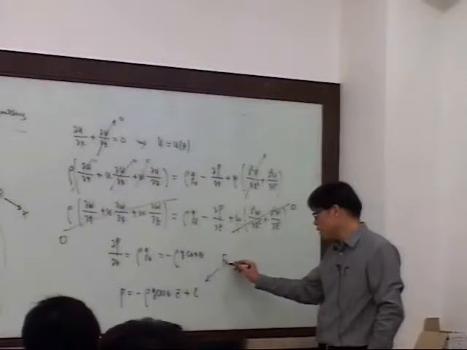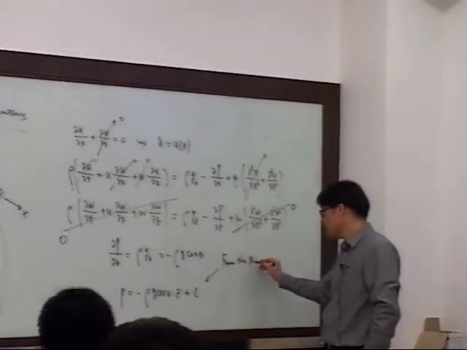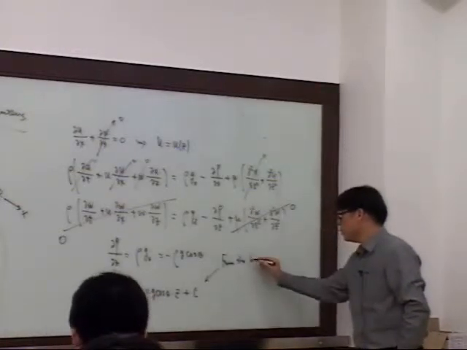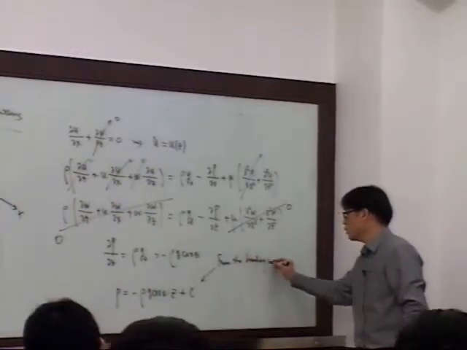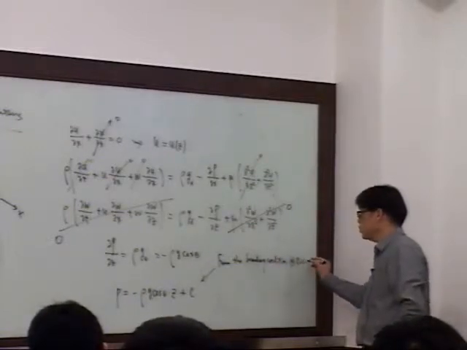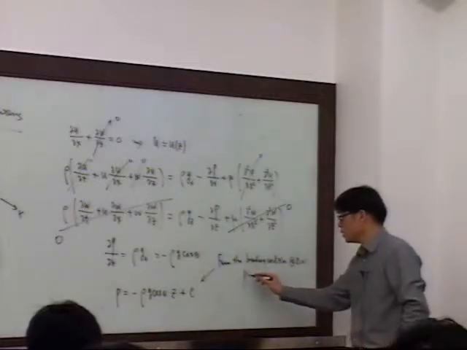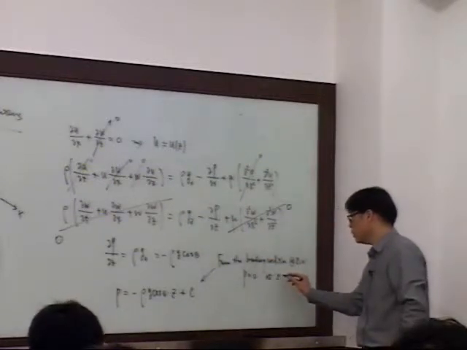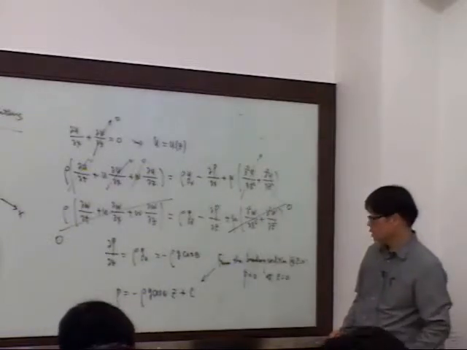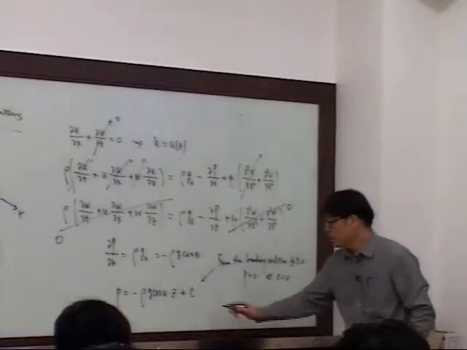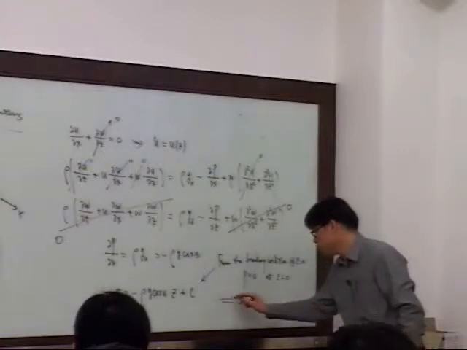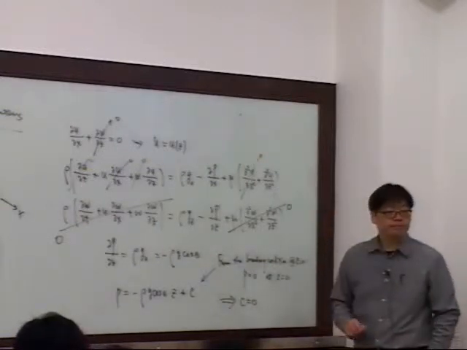So from the boundary condition, P is equal to 0 at Z equal to 0, what we end up with is what? C has to be 0. Okay, so this gives you C is equal to 0.